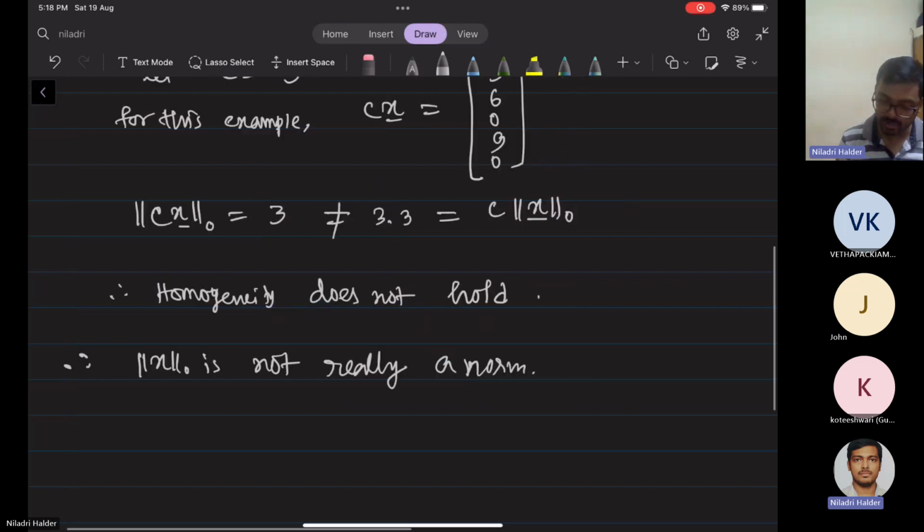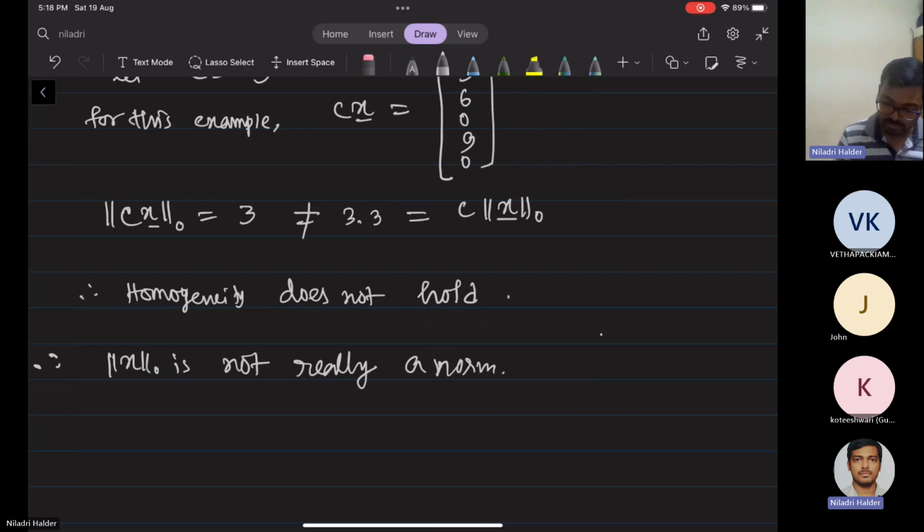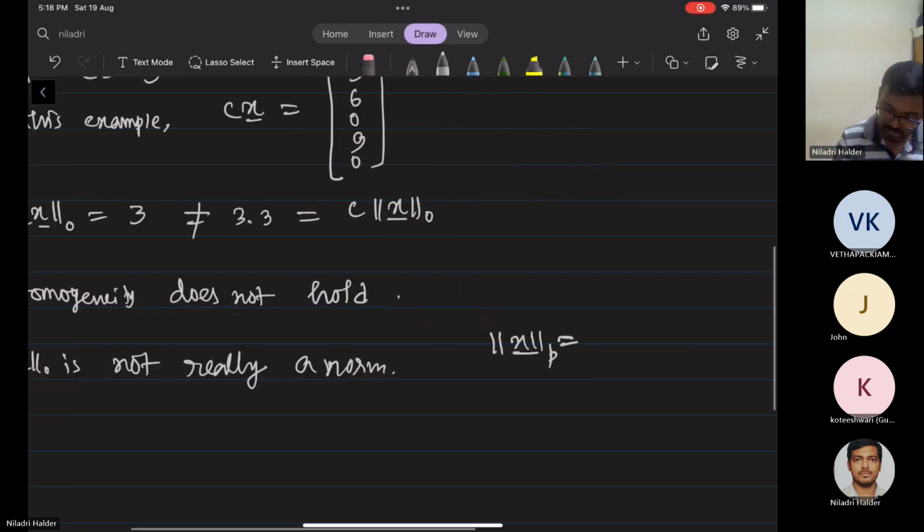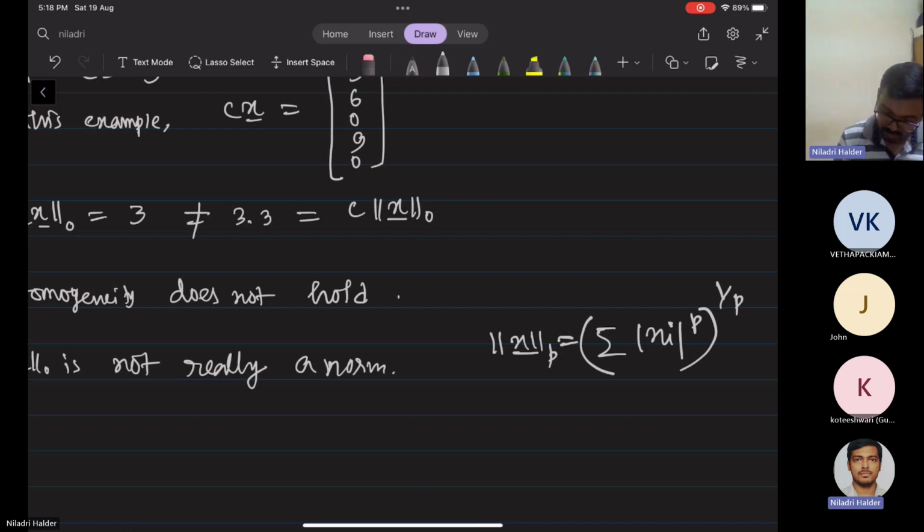That's why we have the formula: the Lp norm is equal to the summation of mod xi to the power p, whole to the power 1 upon p. This is only applicable for p greater than or equal to 1.